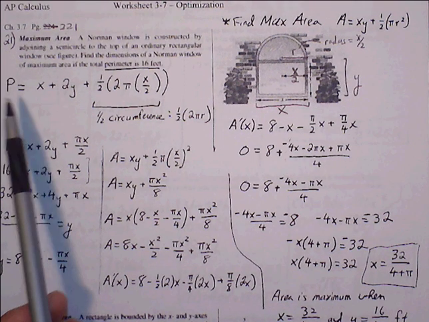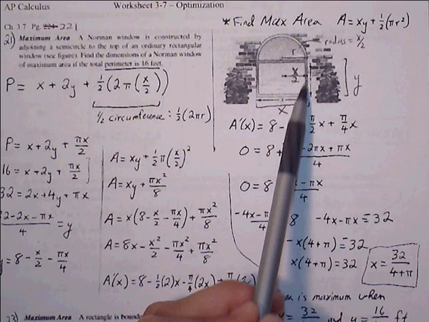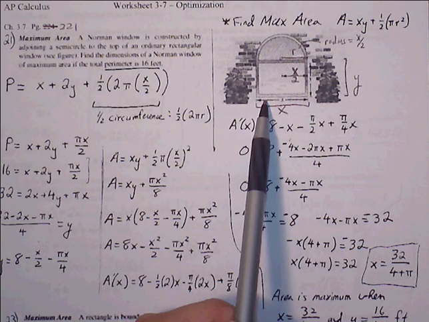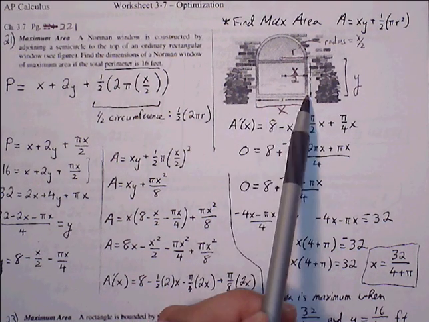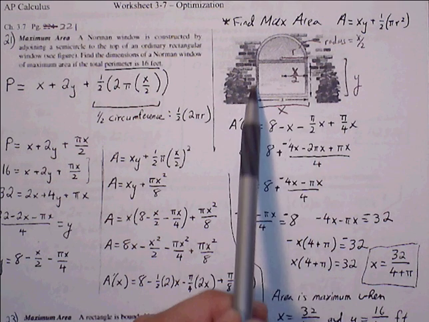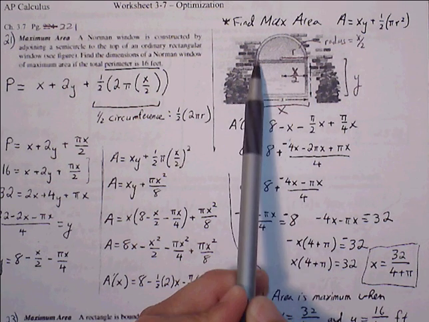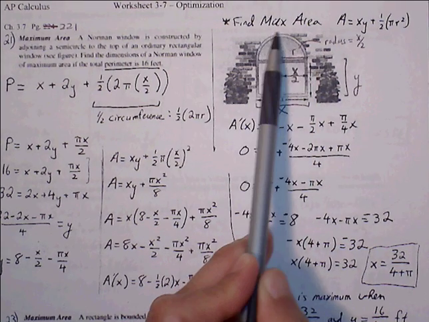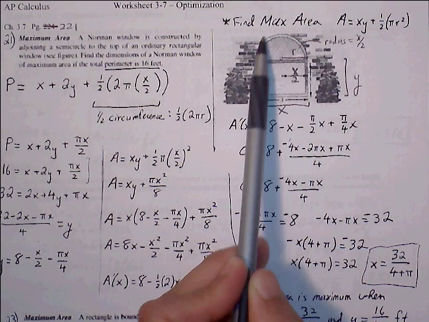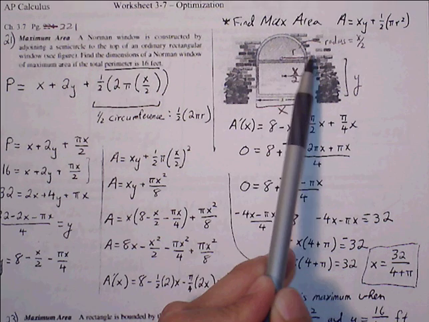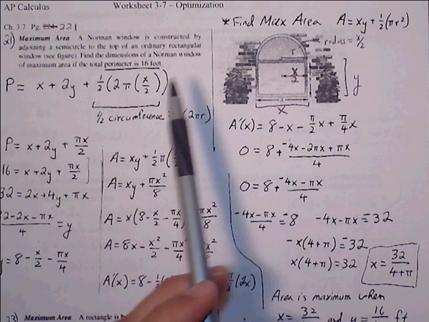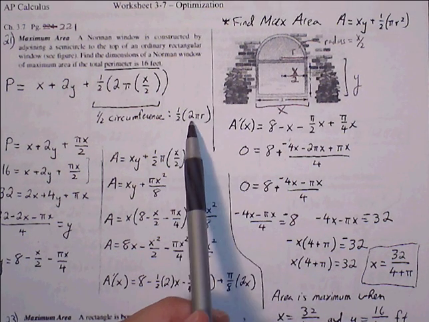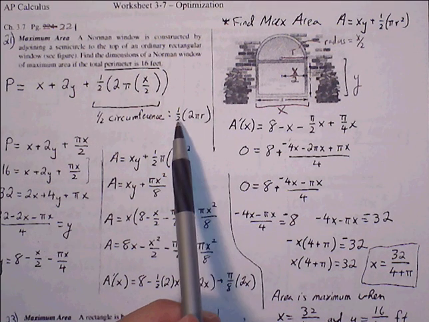The perimeter is just going to be the distance around this entire figure. So we have x, plus y, plus another y, plus this semicircle distance. The distance around a circle is called the circumference, but this is only half a circle, so this is only half a circumference. Circumference is 2 pi r, so half the circumference is 1/2 times 2 pi r.